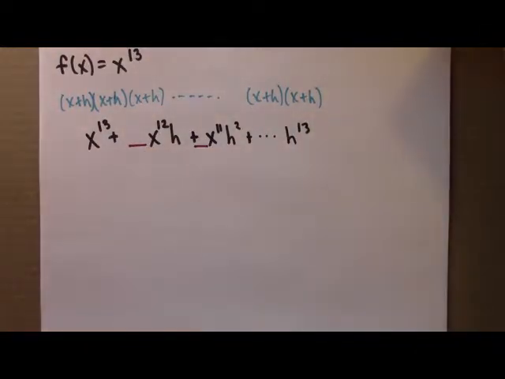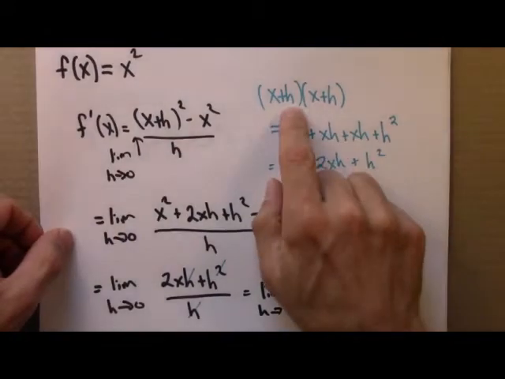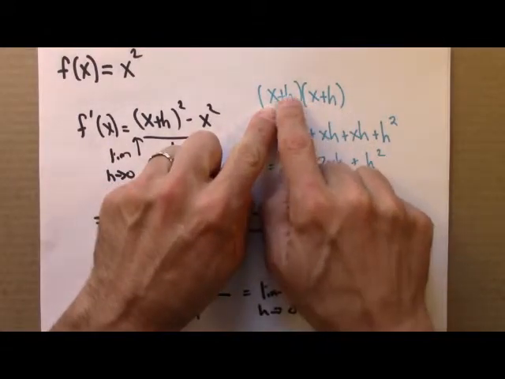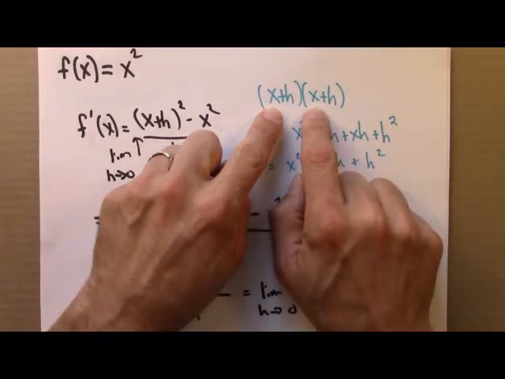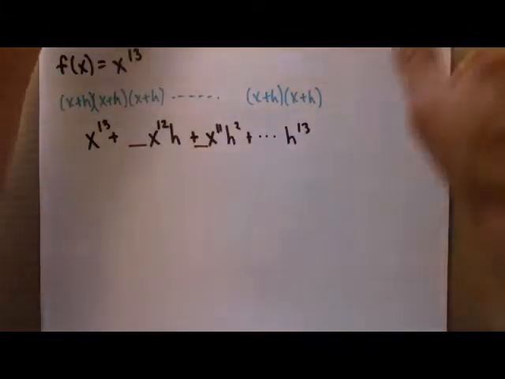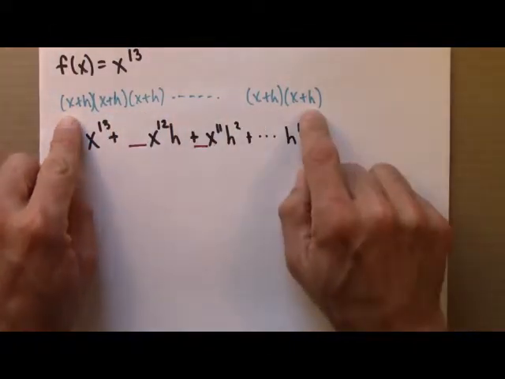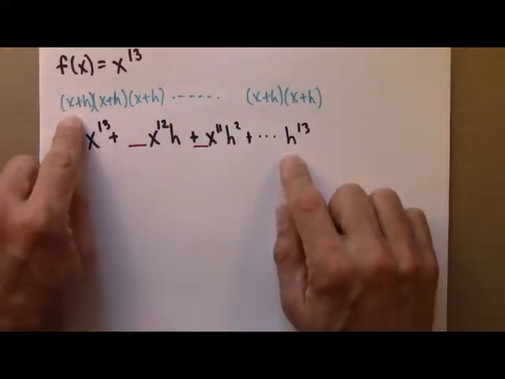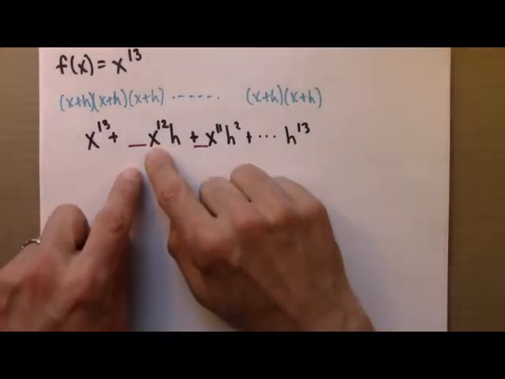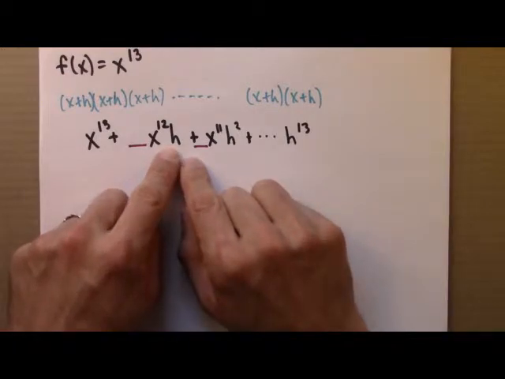So remember when we did x squared, x plus h times x plus h, there's only one way we could get x squared, by choosing the x here and the x here. So it's the same story here. There's only one way I can get x to the 13, by choosing the x term here, the x term here, and the x term here. What about the x to the 12th h term?